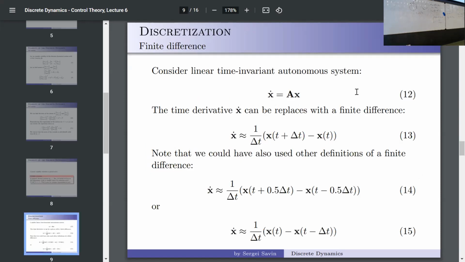Now, let's understand where discrete systems come from. Expression number 12 is a continuous time system. That we understand where it comes from, like from physics.